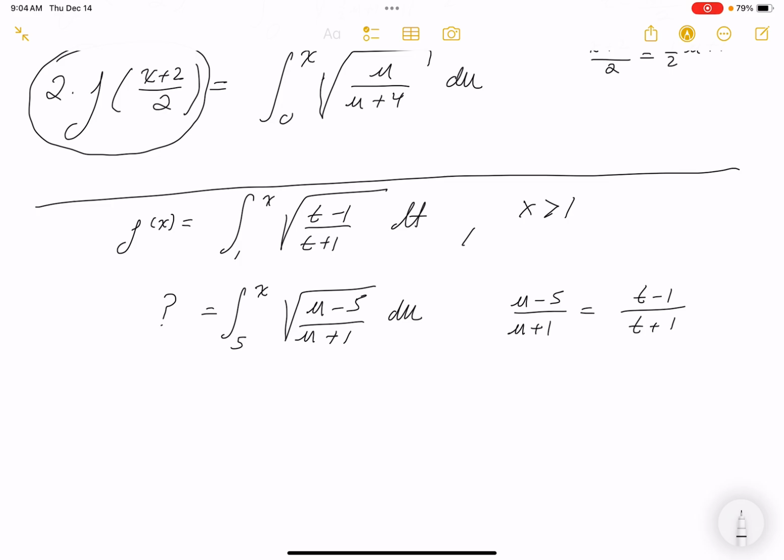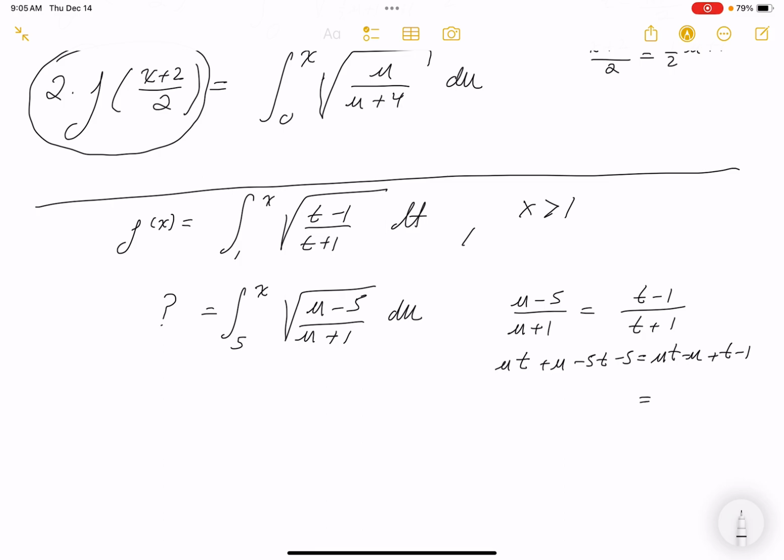Let's multiply it out. We're trying to find an equivalence between the two: how is t related to u or u related to t? So ut, or tu, doesn't matter, plus u minus 5t minus 5 equals ut minus u plus t minus 1.